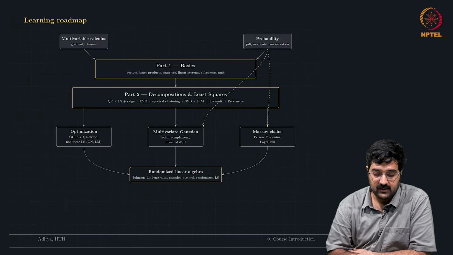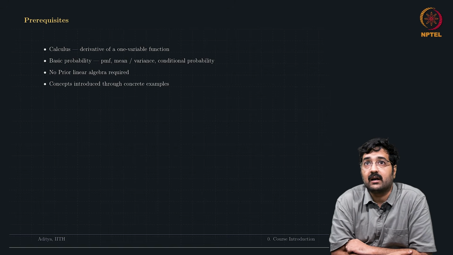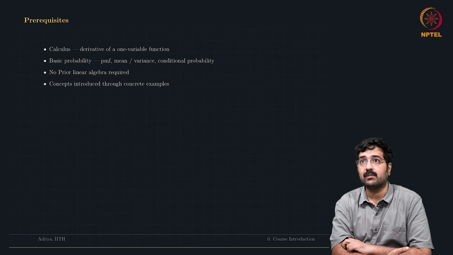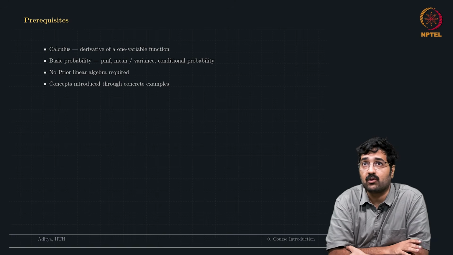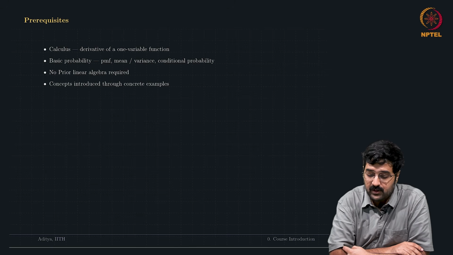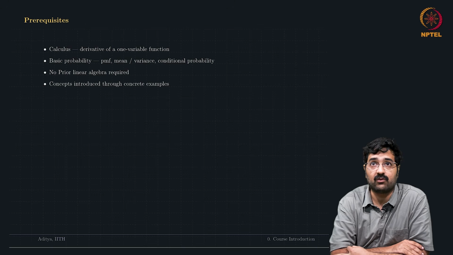Some notes on the style before we go on to the course contents. I am going to try to motivate each definition with examples. So almost every concept will be introduced by taking some concrete example. Some notes on the pace. I am going to go very slow so that everybody is able to follow.